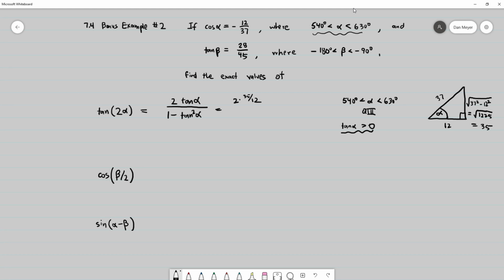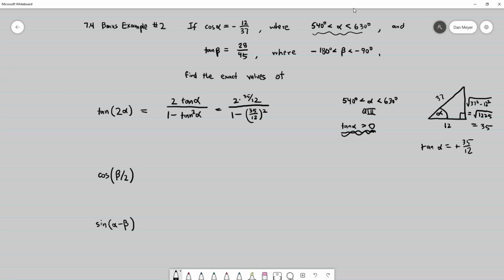Actually, let's go ahead and write that over here. Tangent of alpha is 35 over 12 from our triangle, and using the fact that we're supposed to be positive, it just stays 35 over 12. All right, so we've got 2 times 35 over 12 all over 1 minus 35 over 12 squared.